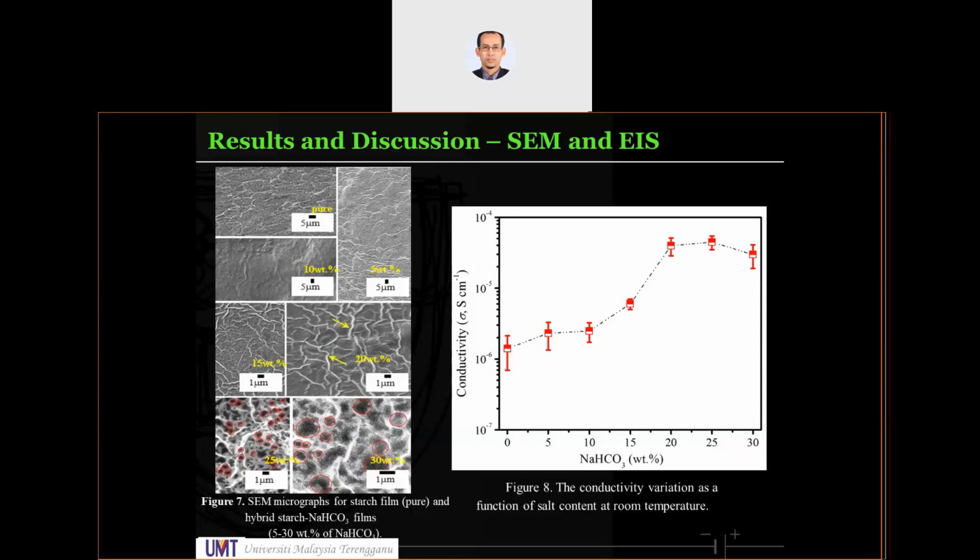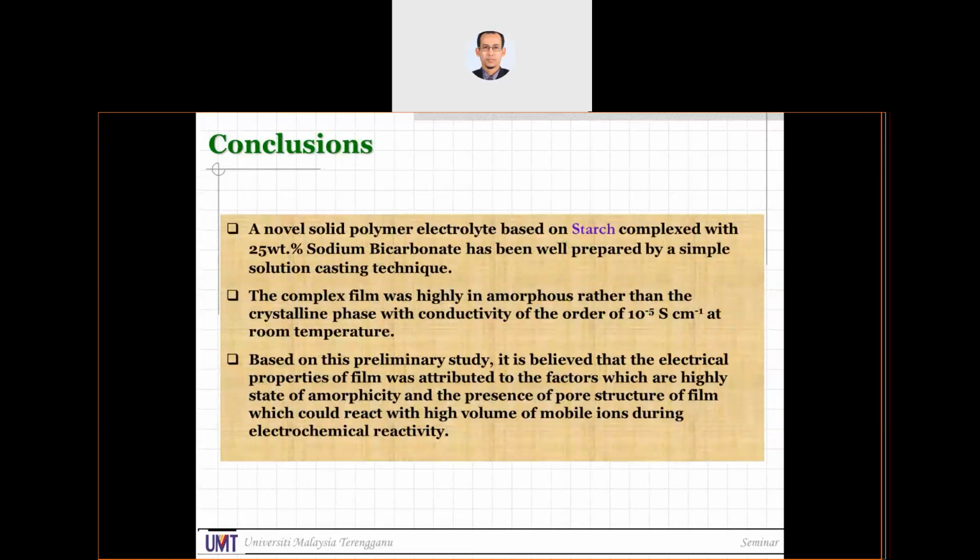Okay, in summary, a novel solid polymer electrolyte based on starch and sodium bicarbonate has been well prepared by a simple solution casting technique. The complex film is slightly amorphous rather than crystalline, and the highest conducting membrane was 25% of sodium bicarbonate, giving a conductivity value of 4.41 times 10 to the power of negative 5 S per centimeter.